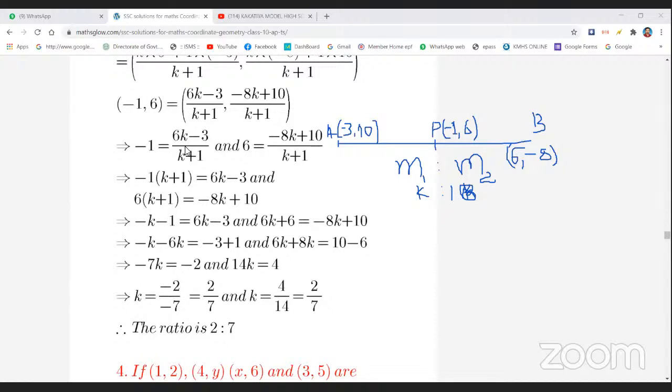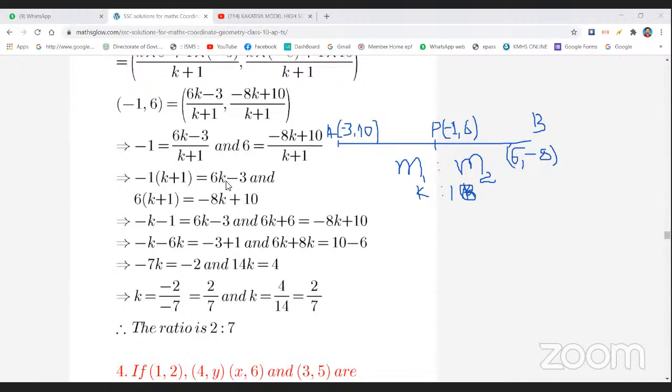And 6 into (k plus 1) is equal to minus 8k plus 10.